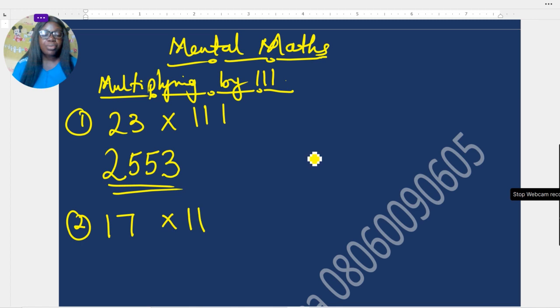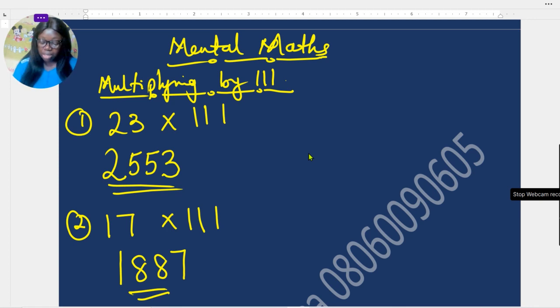Now look at the next example. 17 times 111. I will do the same thing. Write down the first digit, write down the last digit, give a space in between. Then add the two digits together. When we add 1 and 7 together, we're going to have 8. Write 8 down twice. So the answer is 1,887.